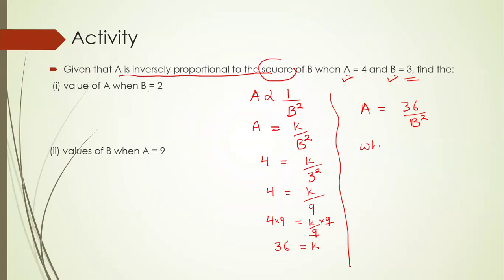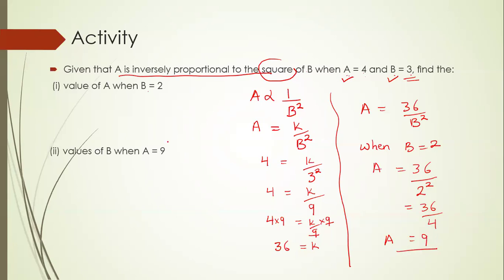When our value of B is 2, we substitute. So A equals 36 over 2 squared, which gives 36 over 4. Then 36 divided by 4 gives 9. So my A will equal 9.